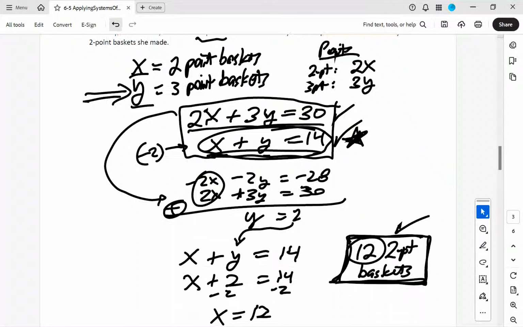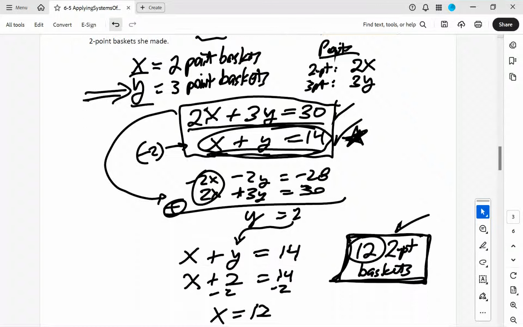If you're a person who likes substitution and you wanted to make this one here as x equals negative y plus 14, and then put that inside of x here, you're welcome to do that. But this time I like doing the elimination, and sometimes it does seem easier. Classically, though, we'd say that because the x and y both have coefficients of 1, substitution would usually be the quote-unquote best method.